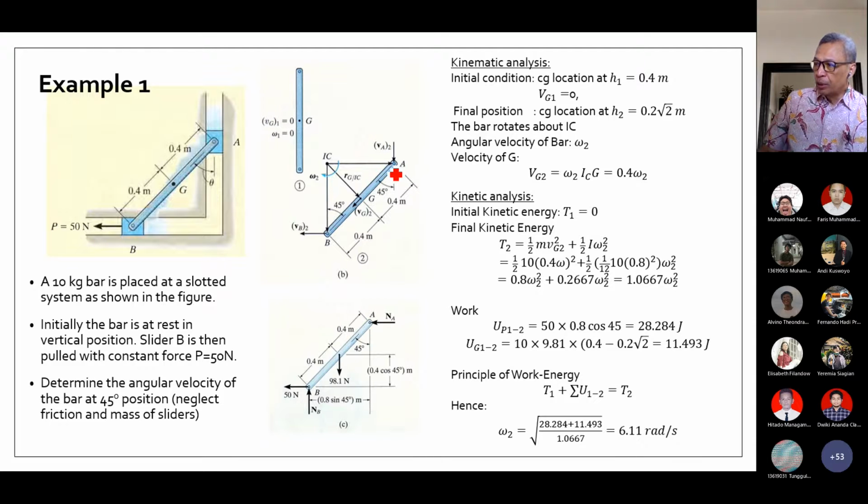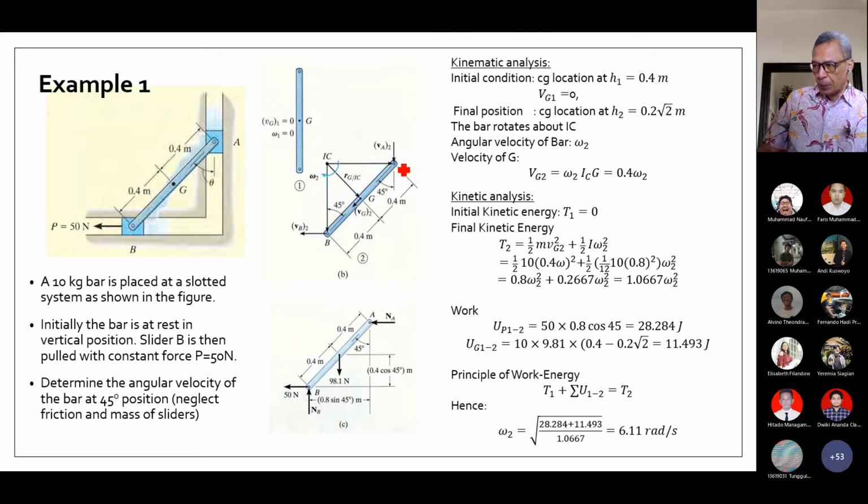We know that at this position, 45 degree, the velocity of point B is horizontal to the left, then this bar should move with respect to an instantaneous center along a line perpendicular to the velocity in B direction. So we can draw this line. Say that the bar rotates about one point along this line, and then we can do the same for the velocity at A, because the velocity at A is in vertical direction downward.